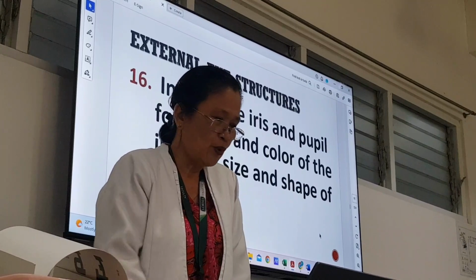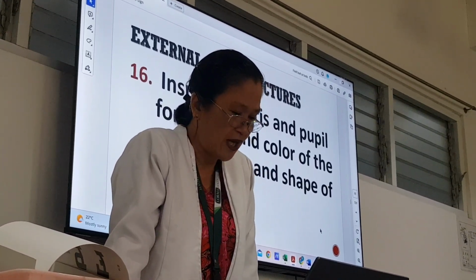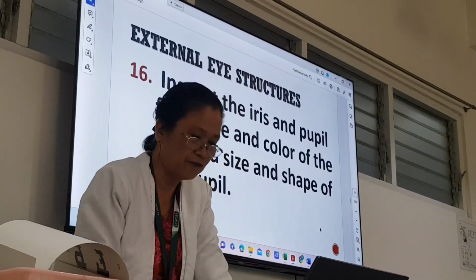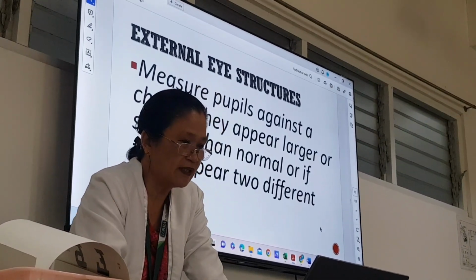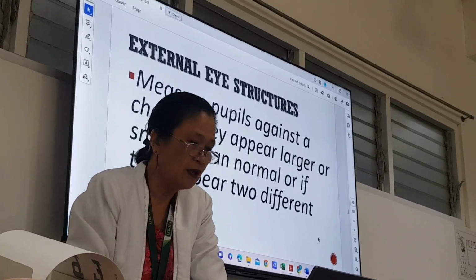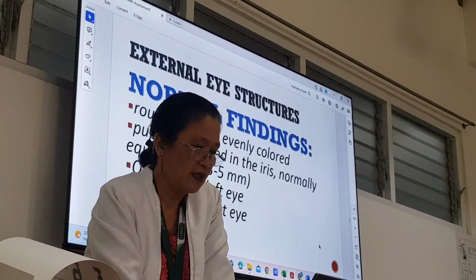And then, we are now going to inspect the iris and pupil for shape and color of the iris and size and shape of the pupil. Measure pupils against the chart if they appear larger or smaller than normal, or if they appear two different sizes.